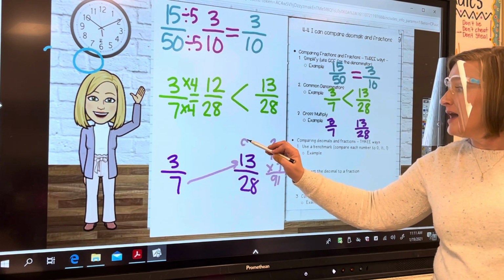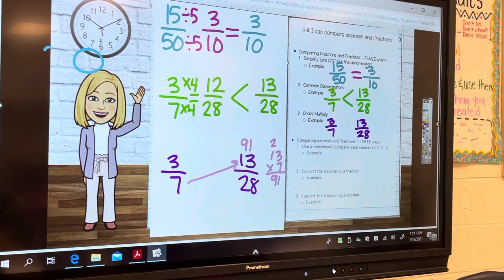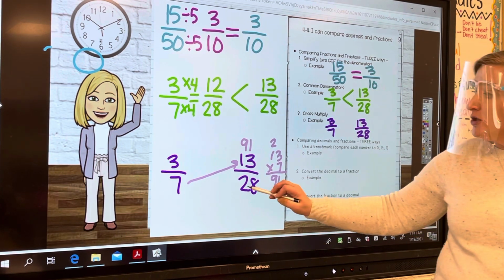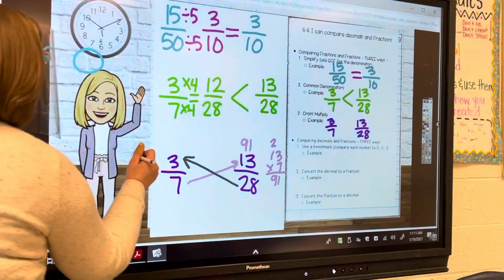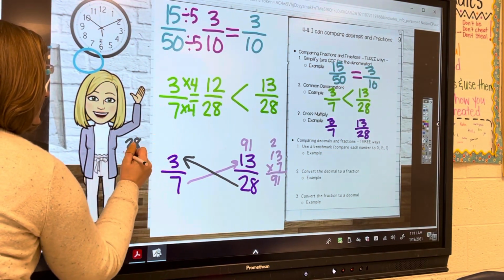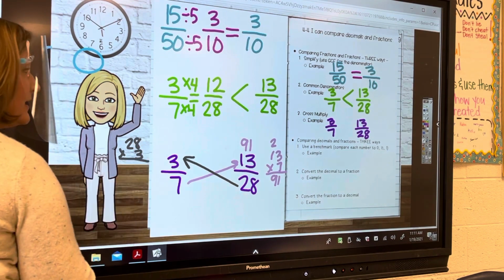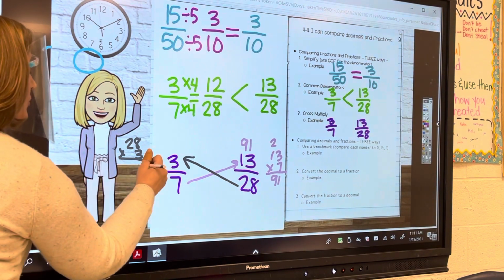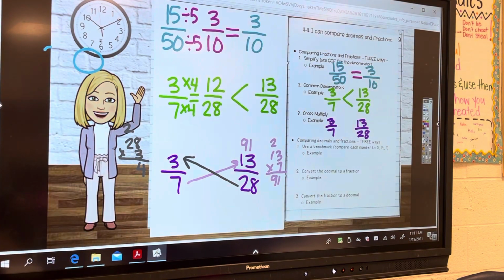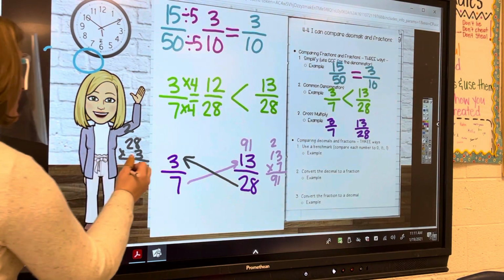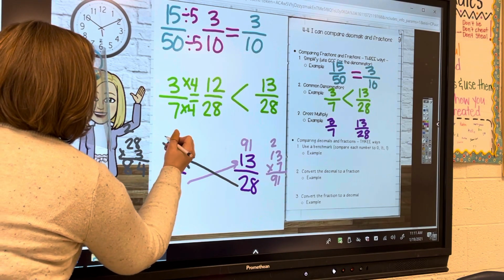So I'm going to write my 91 up there on the top, okay? Then I'm going to do 28 times 3. 3 times 8 is 24, so write my 4, carry my 2. 3 times 2 is 6, plus 2 is 8. So it's 84.